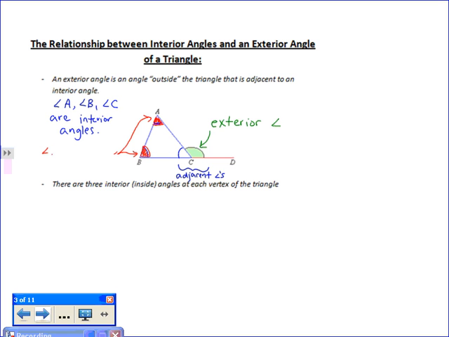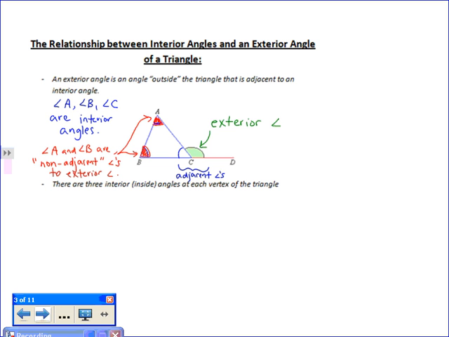So angle A and angle B are called non-adjacent angles to the exterior angle. They're not connected, they're across from it, and they're non-adjacent, meaning that they're not directly attached to it.